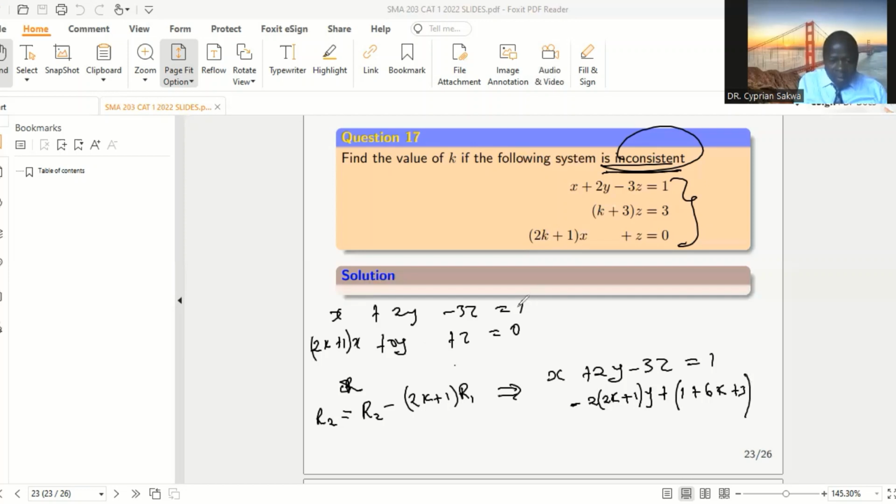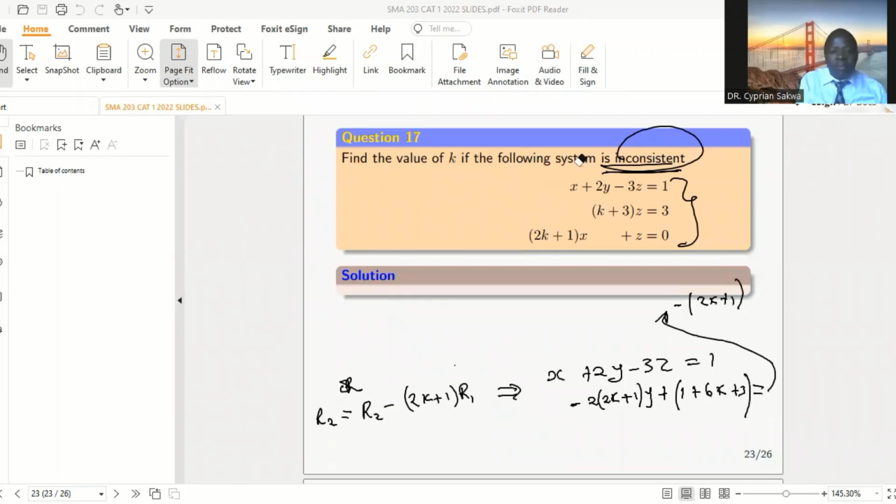Then outside the brackets, on the right side of the equal sign, I would have something there. I don't have space, but let me write it here. I'm only multiplying by 2k plus 1 and subtracting, so I have minus 2k plus 1. Let me create some space and write these things properly, hoping that I was accurate when doing this, so that I do not do it again.